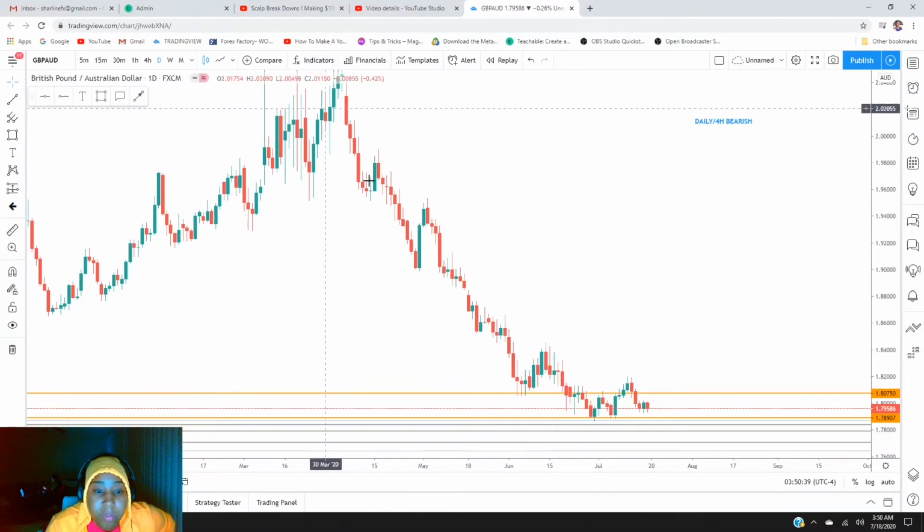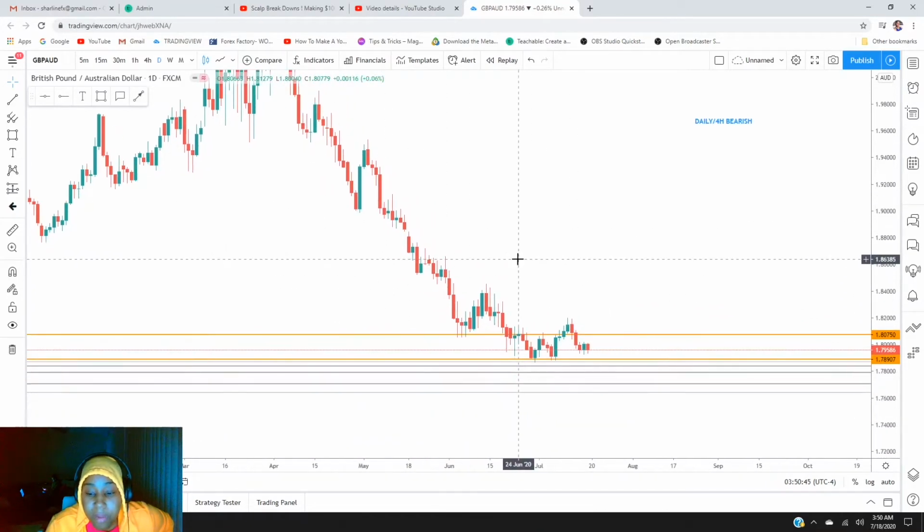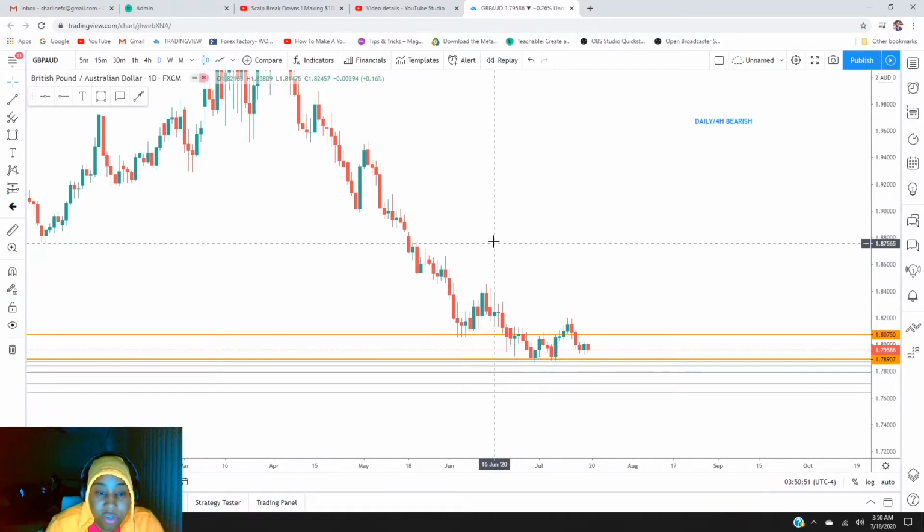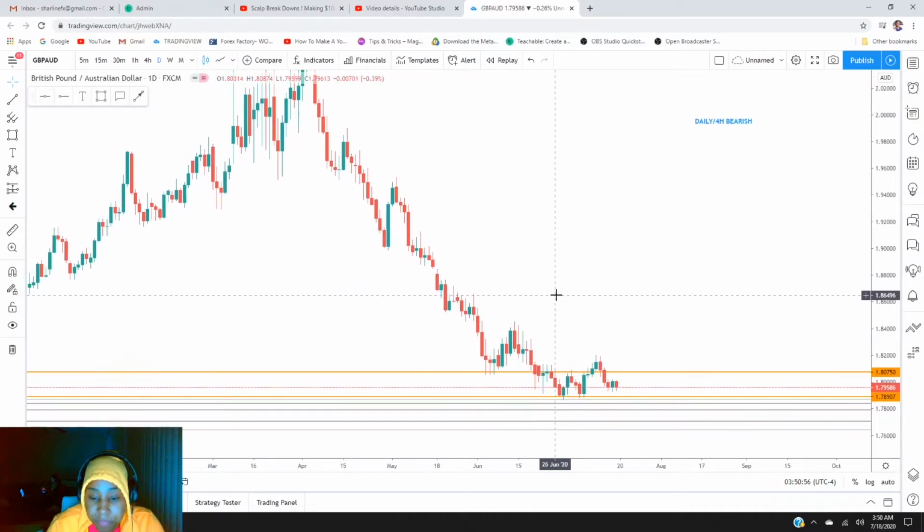The market's making lower highs, lower lows, and it's a clear downtrend, a clear setup. Now normally I trade GBP/JPY, but at this time GJ was kind of stalling, so I just glanced over to GA, and I saw a really nice setup that I could take, so I decided to go ahead and take it.